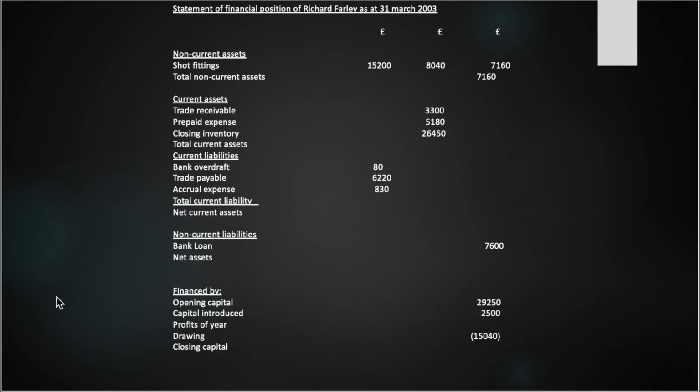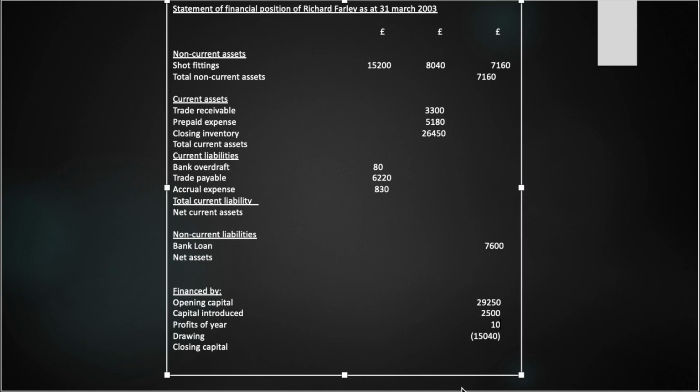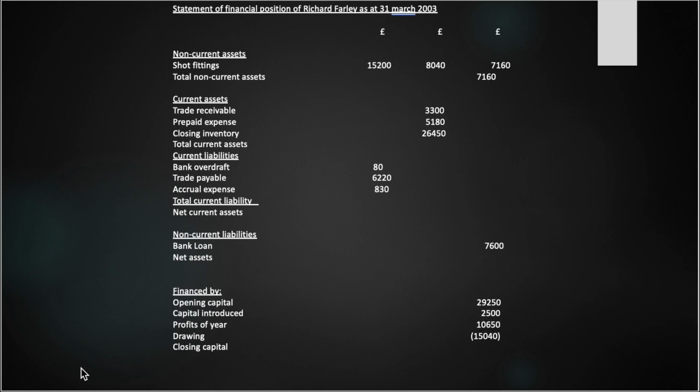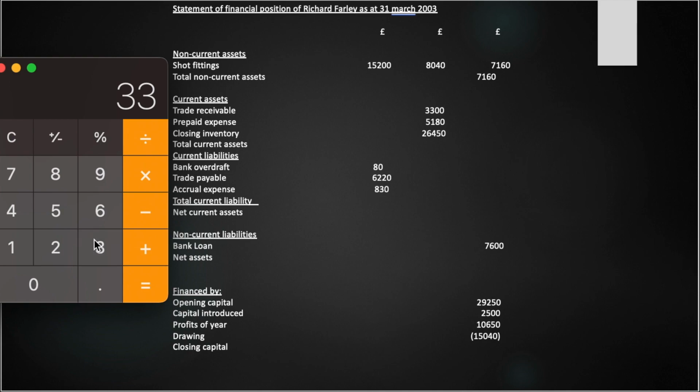So what we do now, we transfer the profit of the year figure into our statement of financial position in the financed by section. And then we start from the top again. For non-current assets, we only have shop fittings, which is 7,160. And then we have current assets, which is inventory plus trade receivables plus prepaid expenses.